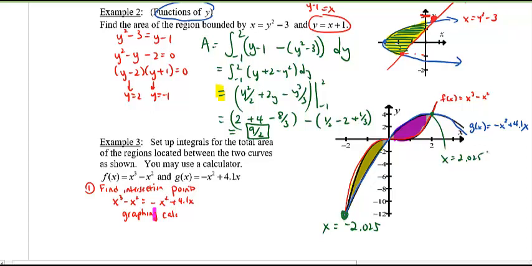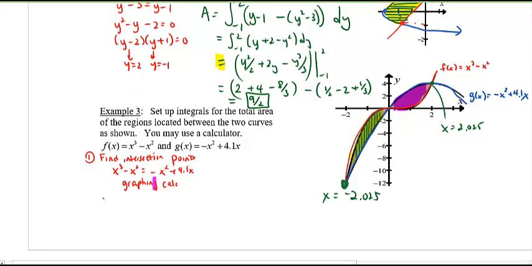Okay, so we can do this now because I am thinking about making my vertical slits or slices of bread, which means the integral will be in terms of dx. So looking at that part, I'm starting at negative 2.025, going to 0. My top function, x cubed minus x squared, minus the bottom function, negative x squared plus 4.1x, and then this is dx.